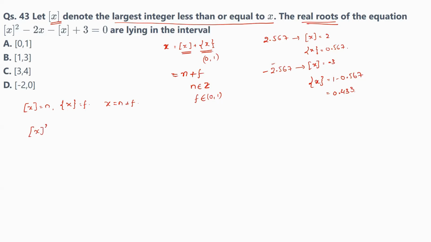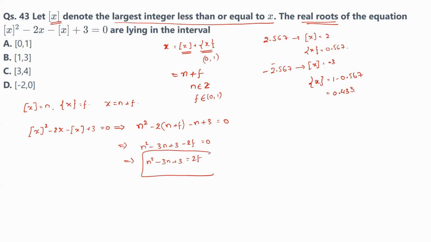What is the given equation? With ⌊x⌋ as n, we get n square minus 2 times (n plus f) minus n plus 3 equals 0. That is, n square minus 3n plus 3 minus 2f equals 0.